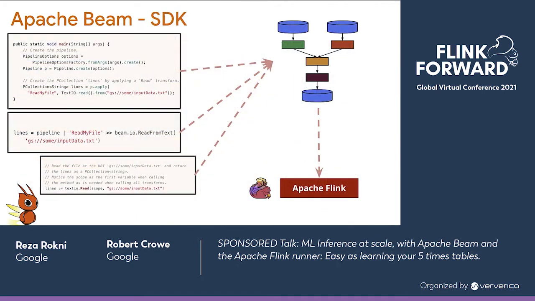So what we have in terms of the components, we have our SDK, so that's Java or Python there. You describe your pipeline, which becomes a directed acyclic graph of computation, the DAG. So that DAG is then pushed to the runner, in this case Apache Flink, for the processing to actually be done. Next slide, please.